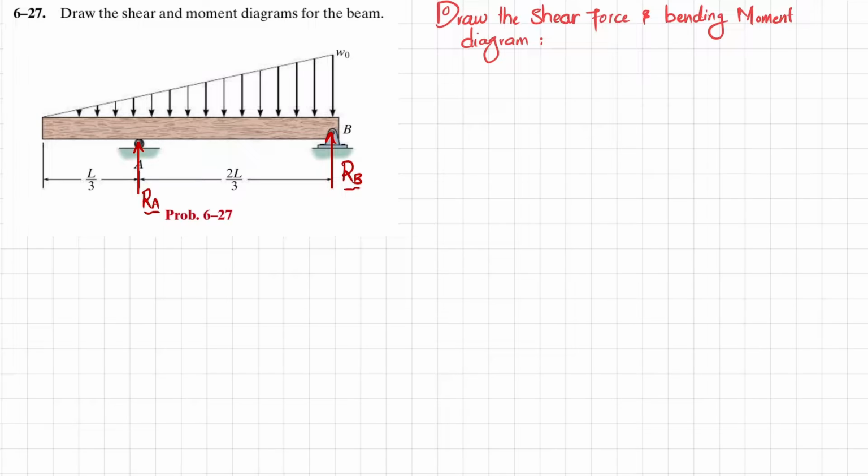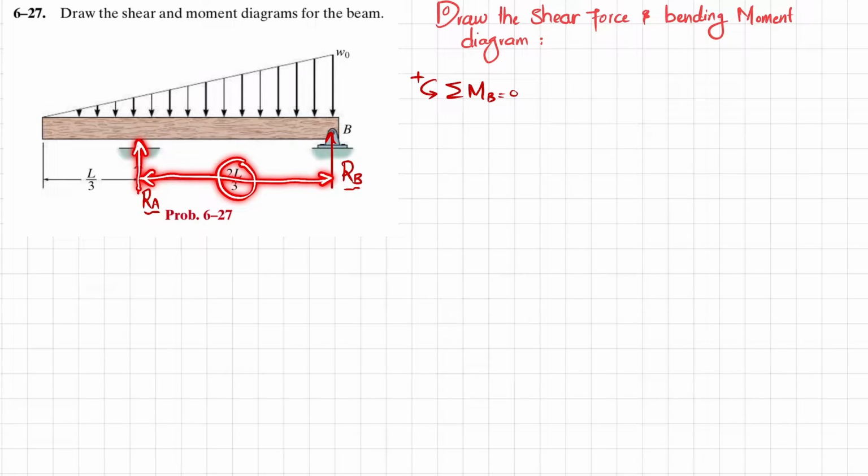By using the equilibrium conditions. The first equilibrium condition is that the sum of all moments about point B is equal to 0, taking the counterclockwise moment as positive. About point B, one moment is produced by this force RA, and the perpendicular distance is 2L by 3.